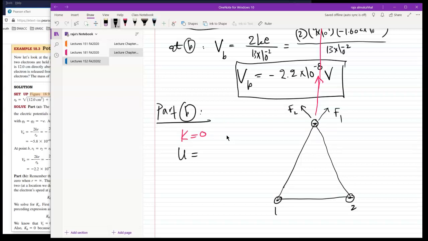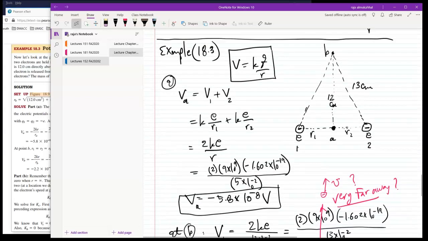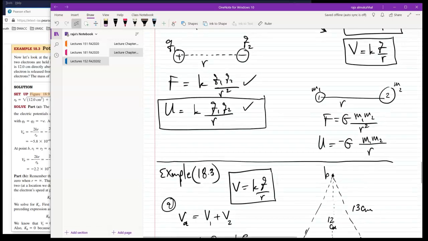Well, what is that potential energy equal to? Well, the potential is due to those 2, and remember, the potential energy between two planets, for example, is that. Well, this is the potential energy between 2 electrons, okay? Q1 Q2 over R.